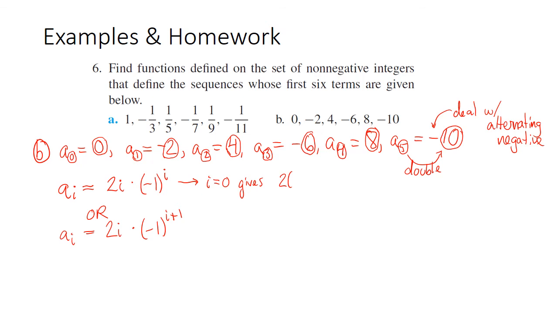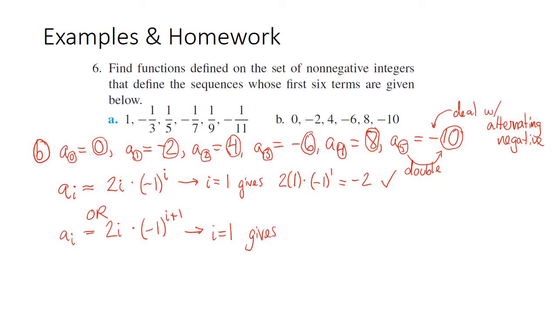Let me try plugging in 1. From that first formula, that would give me 2 times 1 times negative 1 to the 1, which would be negative 2. That is the one that I want. Let me just make sure the other one doesn't work, so I show you what would happen if you had done the wrong one first.